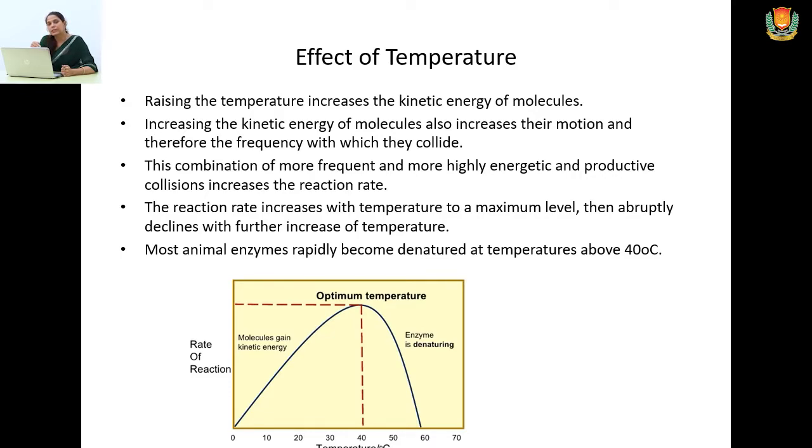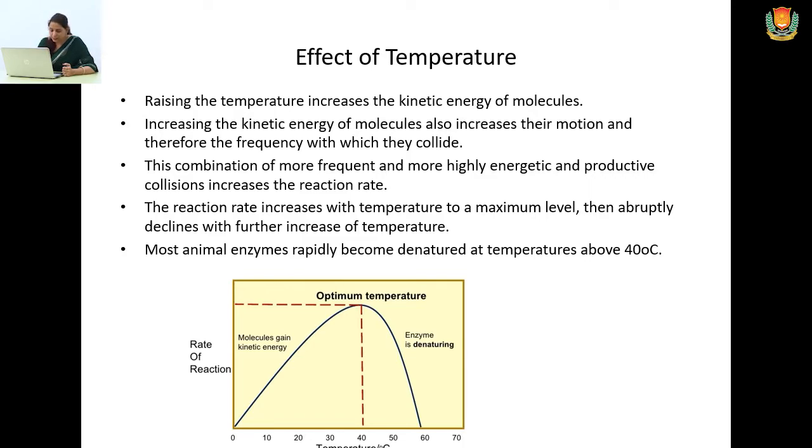Increasing the temperature increases the kinetic energy of the molecules, which somewhat destabilizes the protein molecule or enzyme. Increased kinetic energy also increases motion, and therefore the frequency of collision. Collisions will be high because the molecules are getting kinetic energy, and this affects the enzymatic activity.